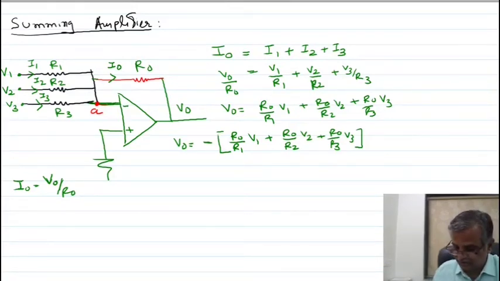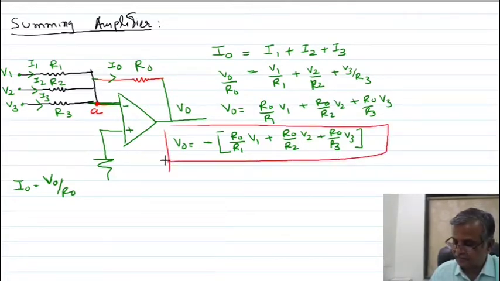Remember this equation for solving linear equations. This equation is important because I will use it to solve linear equations and design the circuit.